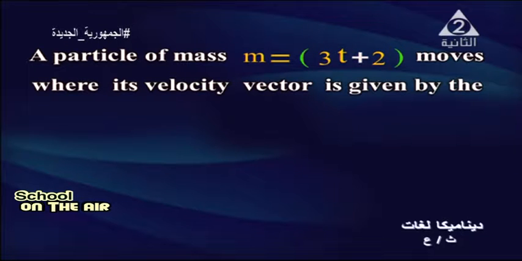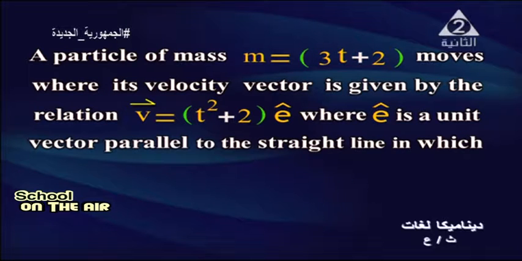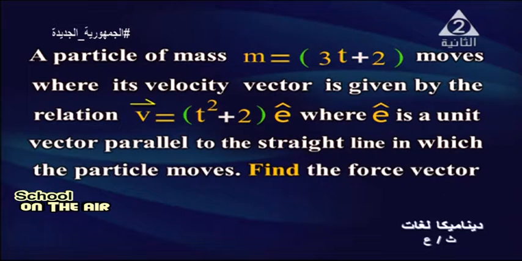Another question. A particle of mass m equals 3t plus 2 moves where its velocity vector is given by the relation v vector equals t² plus 2 e, where e is a unit vector parallel to the straight line in which the particle moves.